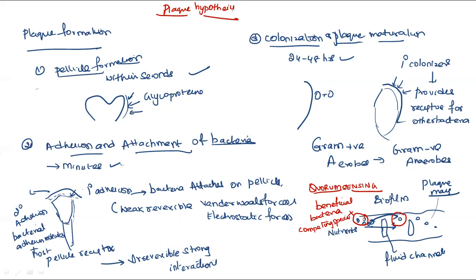Okay. So let me write it in a new slide. Plaque hypothesis. There is something called the non-specific plaque hypothesis. Here, they said that as long as there is more plaque, there is more disease, which is not true.